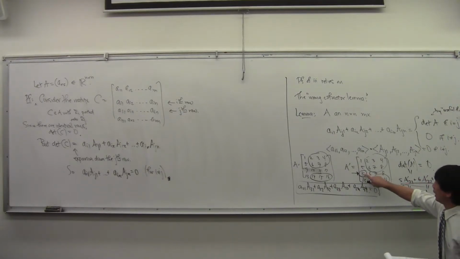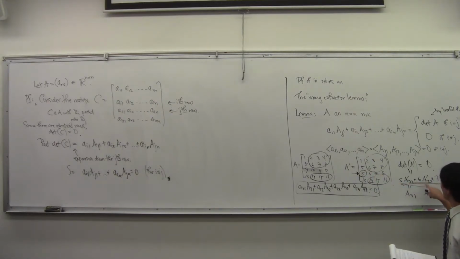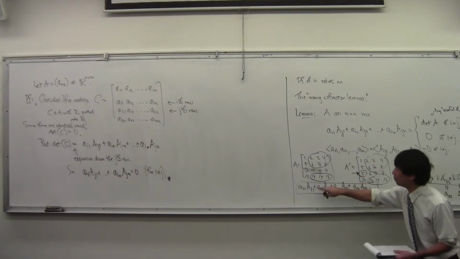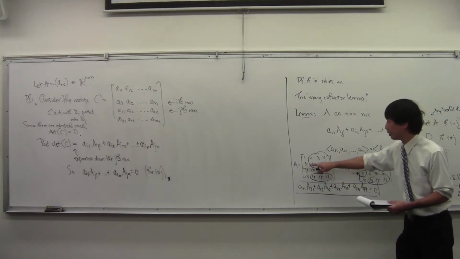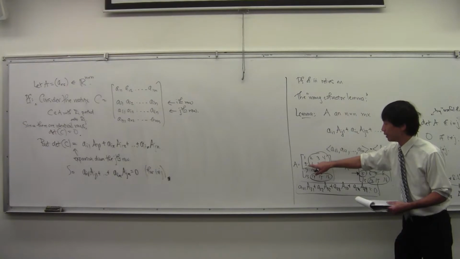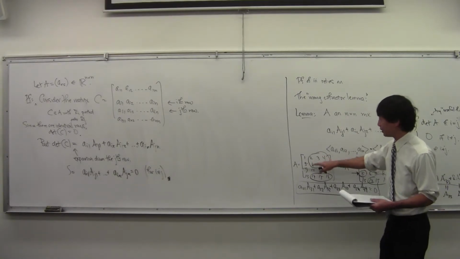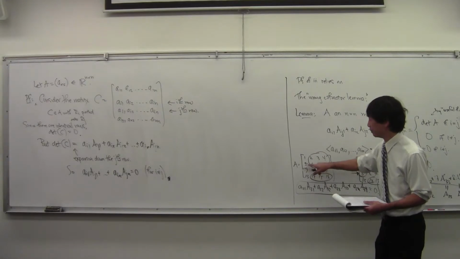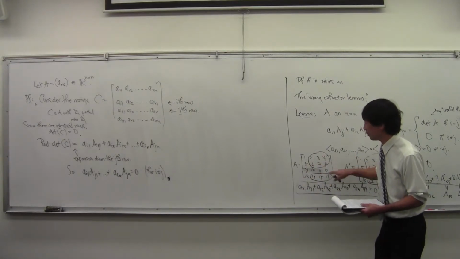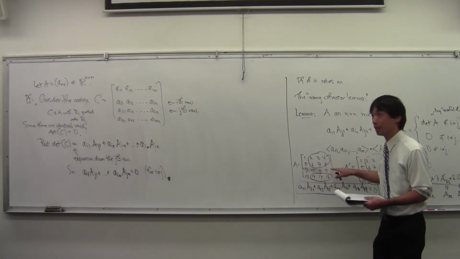You get 5 times the a31 cofactor plus 6 times the a32 cofactor, et cetera. That's exactly what you'd get if you took the entries from this row but the cofactors from the other row.